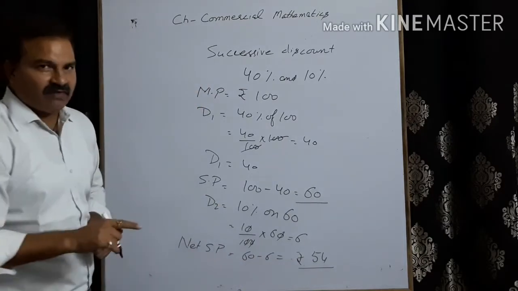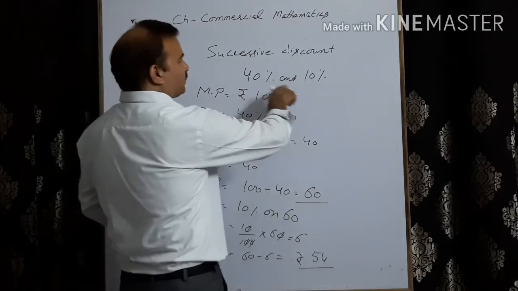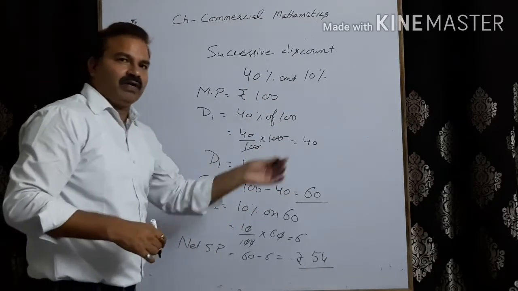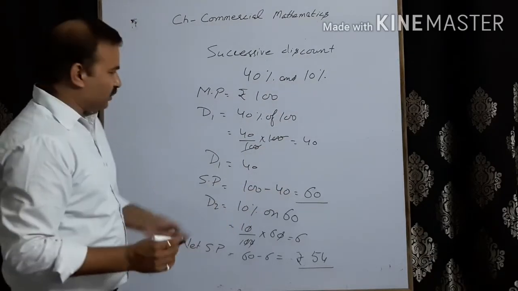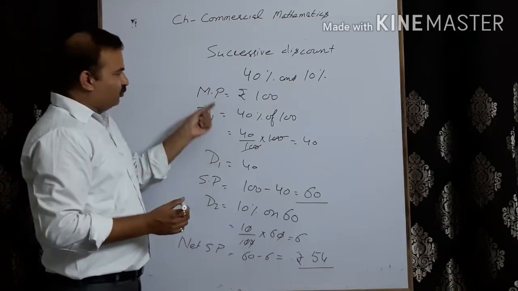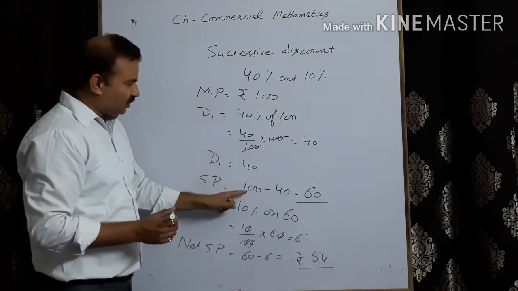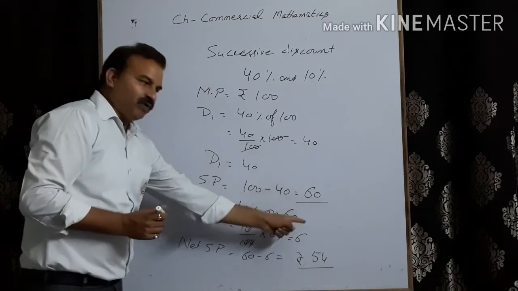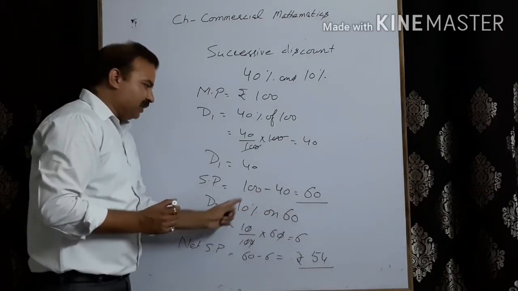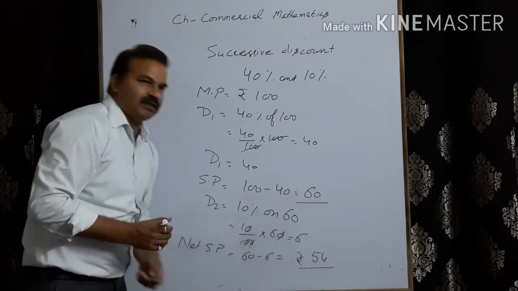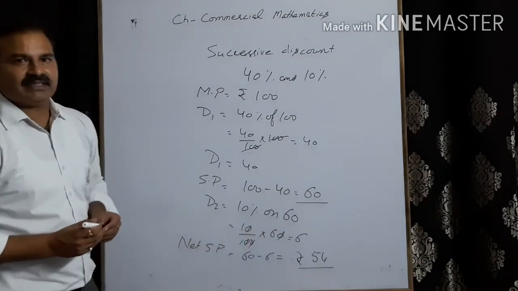Now, if someone adds 40 plus 10 is 50, then the amount will come different. So this is the meaning of successive discount. First, we have to subtract the first discount on the mark price. Whatever value comes, we then subtract the discount on that particular amount. Whatever comes after subtracting, that will be the net selling price.